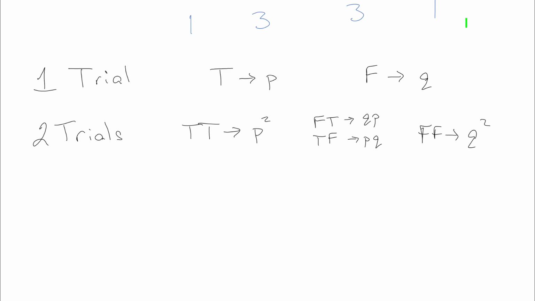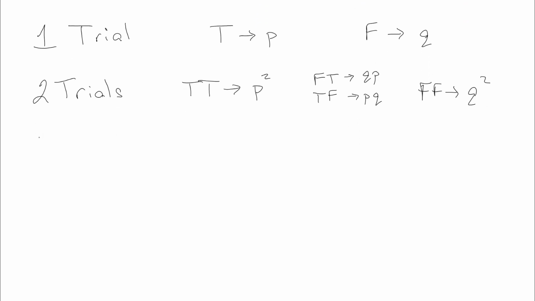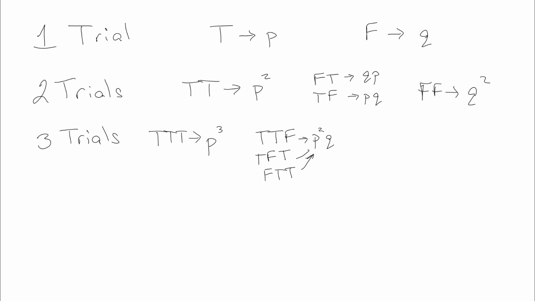Okay, so then we could do three trials, and I think you might see where I'm going here. We can go true, true, true, which has a P cubed probability, because I have to get it right all the time. Two trues and a false would be P squared Q, and if I move this around, I'm still just going to get P squared Q. If I go true, false, false, or false, true, false, or false, false, true, I'm still going to get PQ squared.